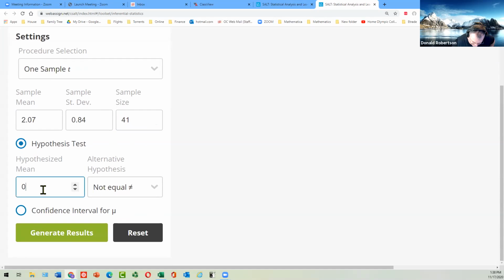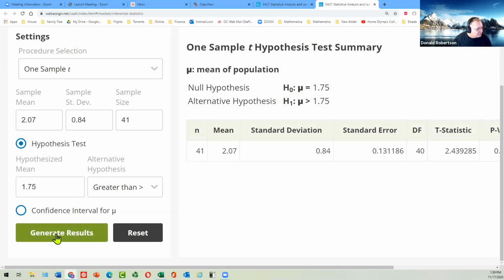And we wanted to prove, is it bigger than 1.75, right? Are you happy about how those numbers fitted from what I had on paper, where each one goes? So when I hit generate results, we should be looking at it.